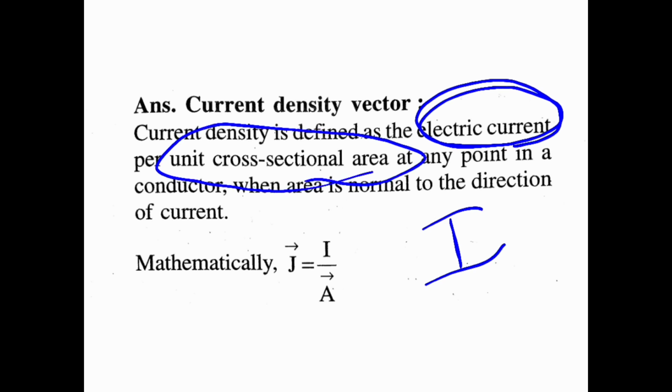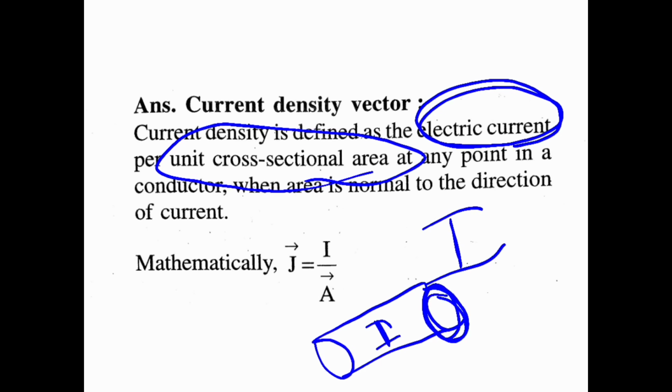If this is a cylinder or conductor and current I is flowing through it, and this is the unit cross sectional area, then the current density is the amount of electric current flowing through the unit cross sectional area at any point on the conductor, when the area is normal to the direction of the current. This is the main point.